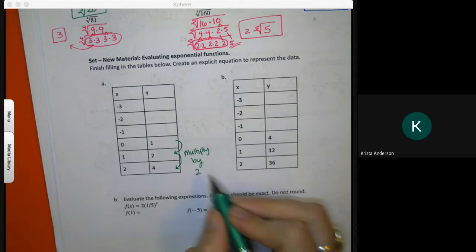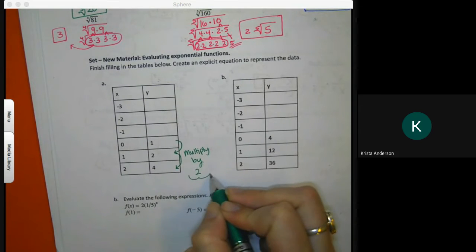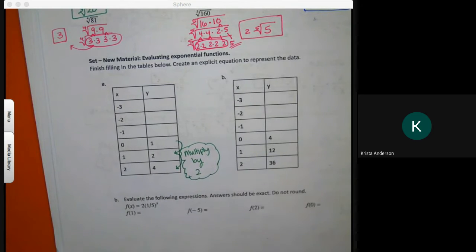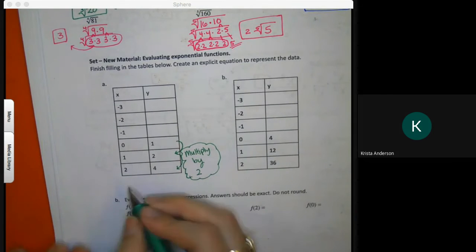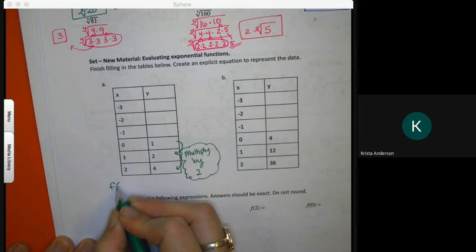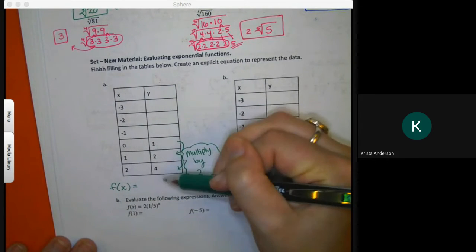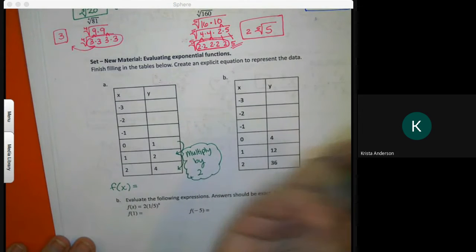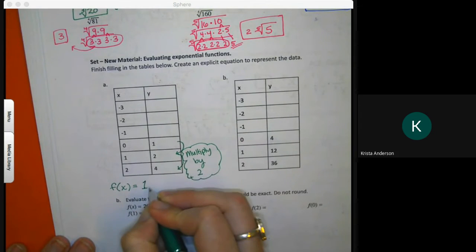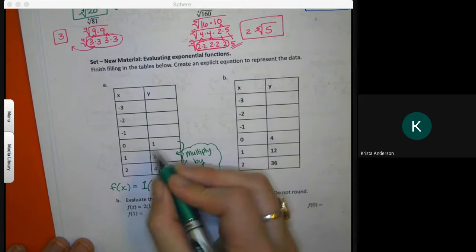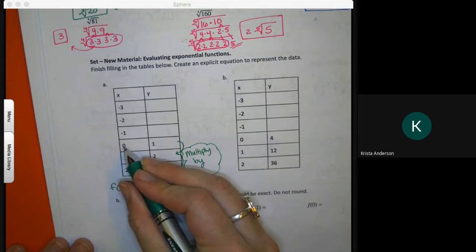This is the pattern. Now, if I write an explicit equation, it would be f of x equals, I could pick any of the numbers given. I'm just going to pick one. I times it by 2, and I would have the power of x minus 0.